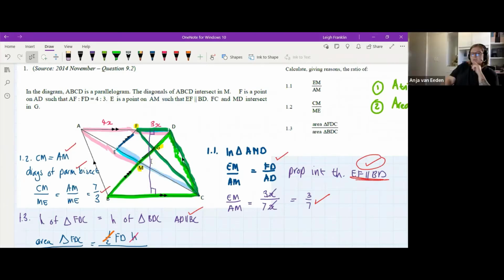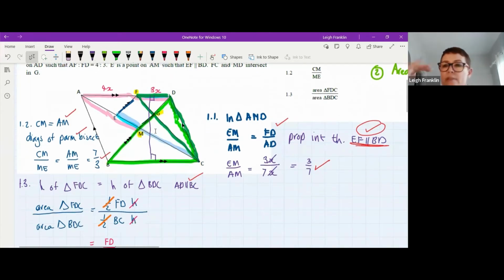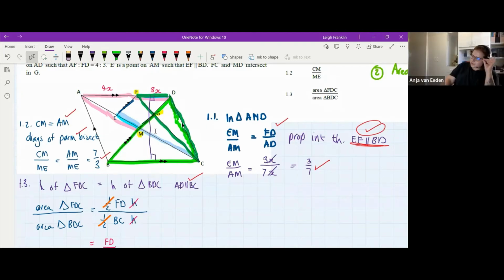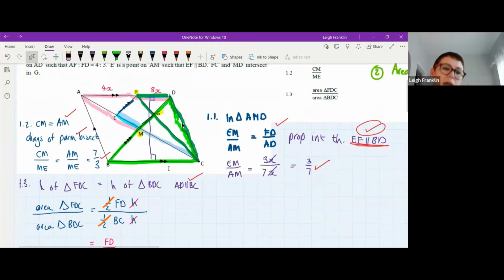So because line AD is parallel to line BC, that is what makes this situation possible, because triangles that lie between the same parallel lines have the same perpendicular height. If, for instance, they wrote DC over BC, those lines are not parallel. So that's just something for students to check.